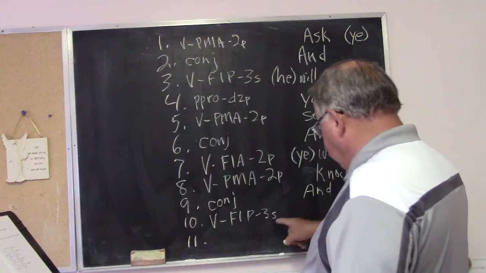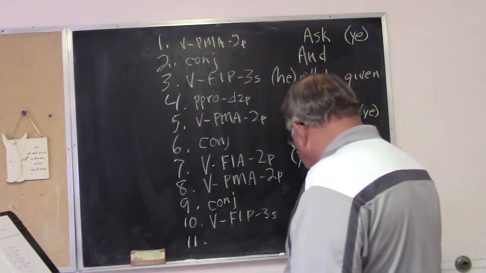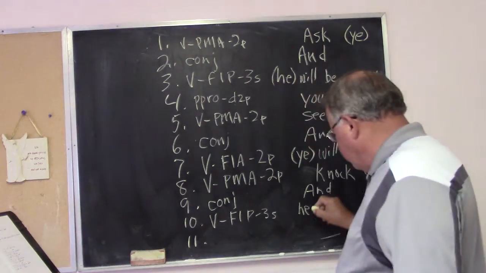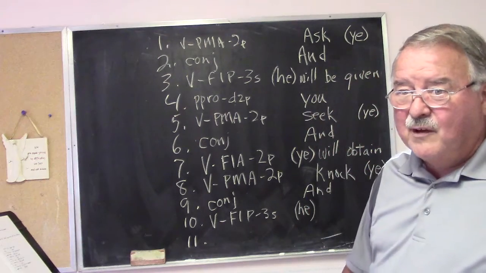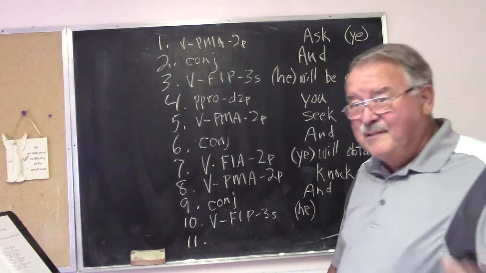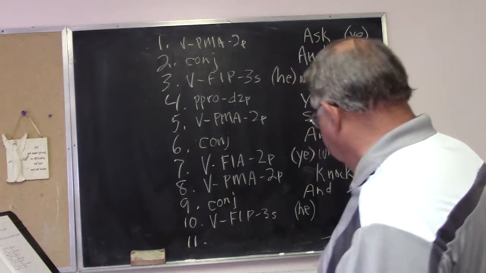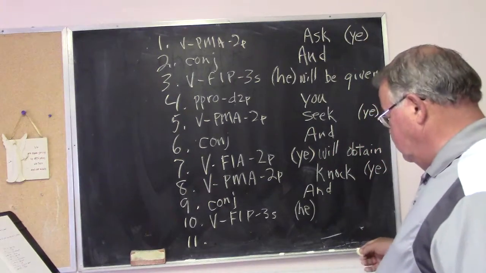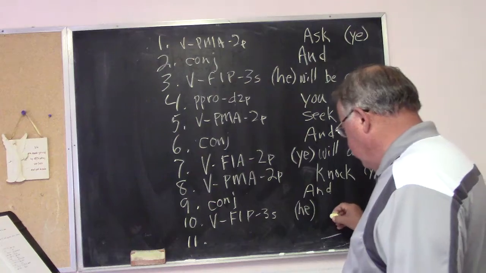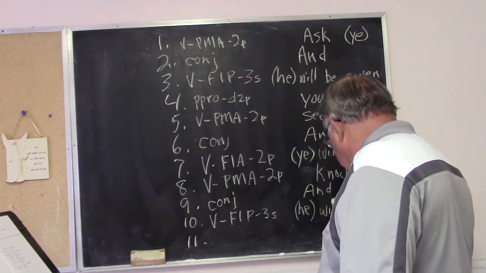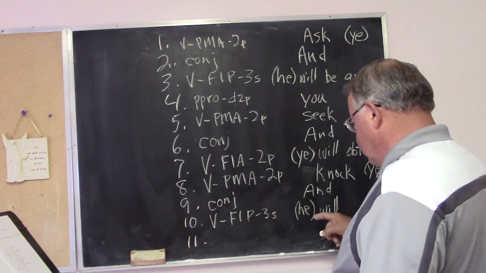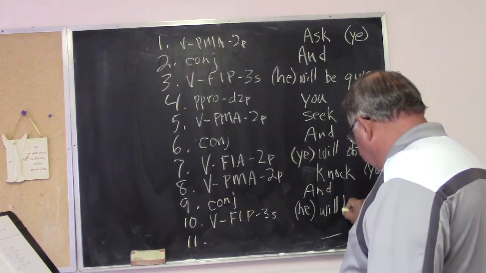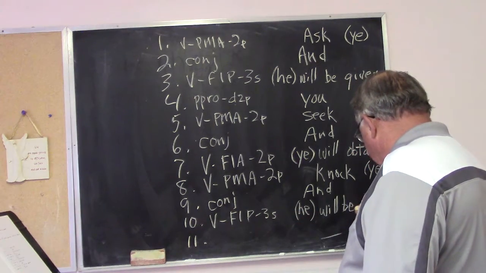We're going to put the he. By the way, when we put that he out there, we know that could be he, it, or she. So we'll find out when we start translating which one it is. That simply means to open. Future: will open, oh, it's passive, will be opened.